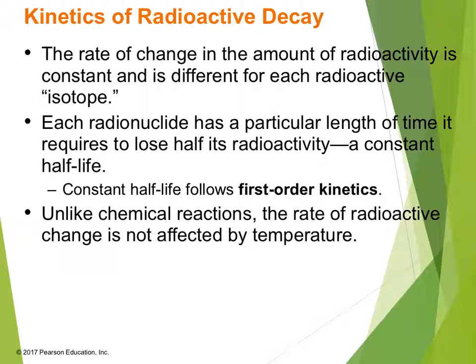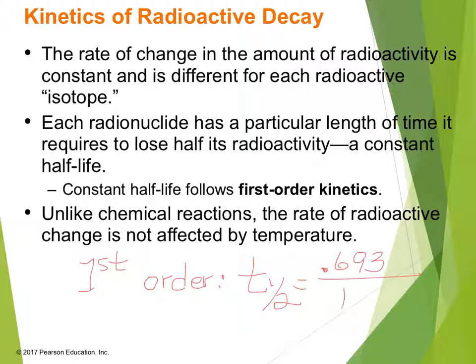As I mentioned before, radioactive decay is always first order. Most scientists working with radioactive decay work in half-lives. If you remember, the half-life for a first-order process does not depend on the concentration of the substance you began with.